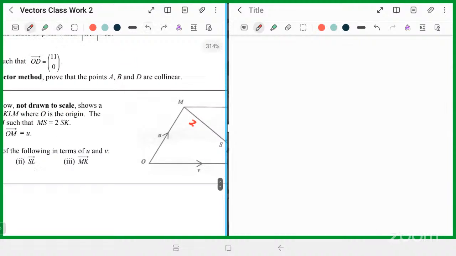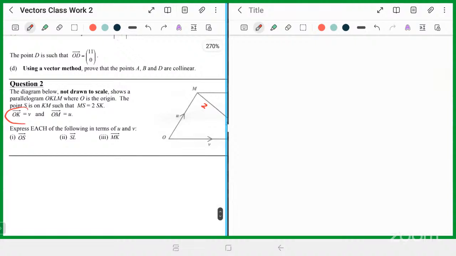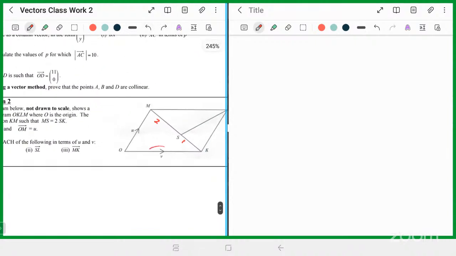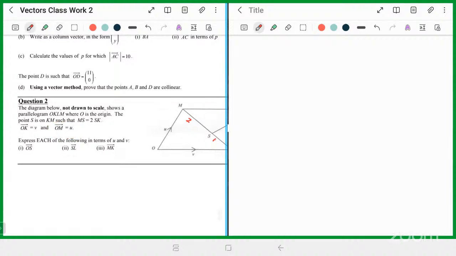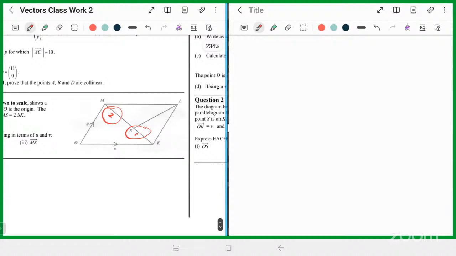But let's continue. It says the vector OK is V, and we can see that on the diagram here. This vector OK is V, and the vector OM is U. This vector up here is this U. I'm going to populate the diagram with information. So I can leave the 2 and the 1 here, or you can just remember that it's a 2 to 1 relationship, right? So since this vector is V, the vector across here is also V, going in the same direction as this one.